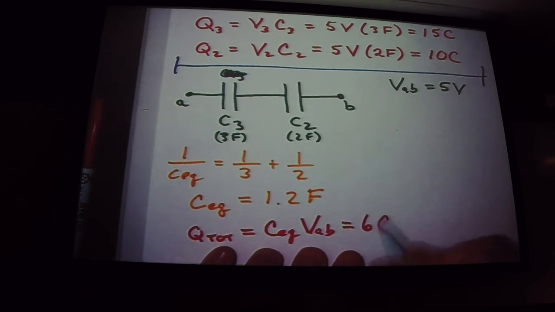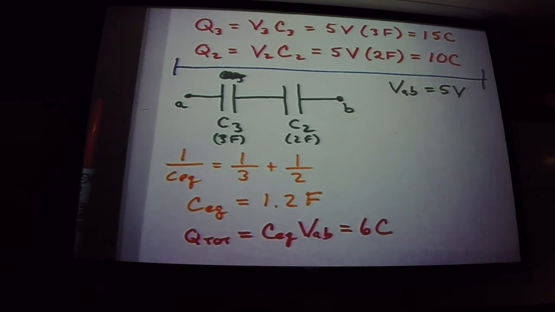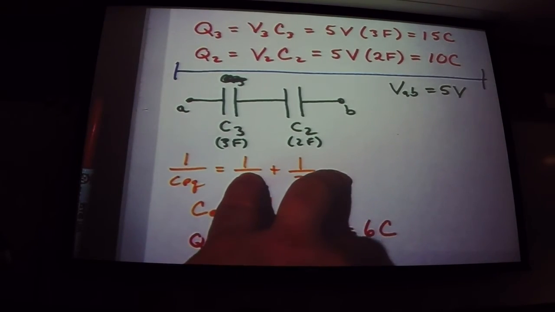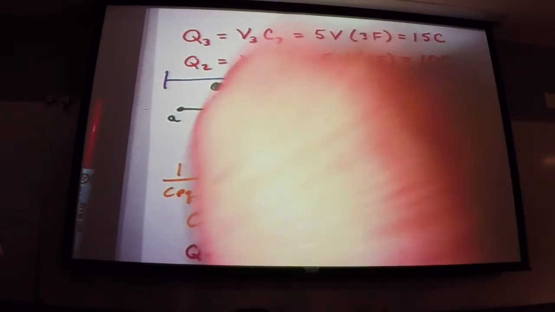So I have 6 coulombs stored in this circuit. Hold on, we've got to get there. Hold your horses. 6 coulombs. Now, on which capacitor is that 6 coulombs stored? Both. There's 6 coulombs on this one, and there's 6 coulombs on that one.